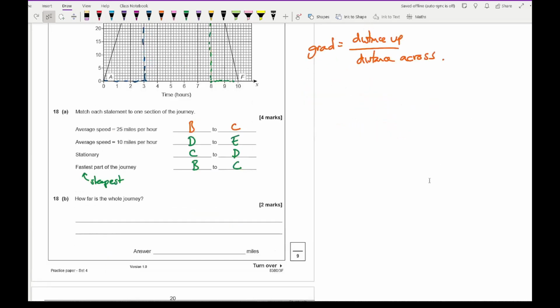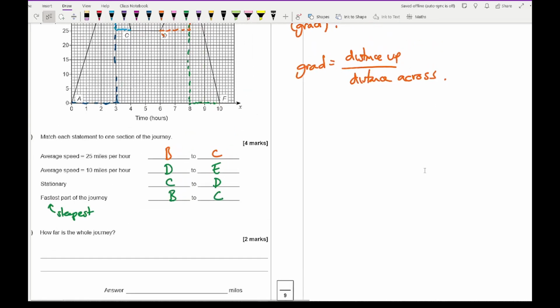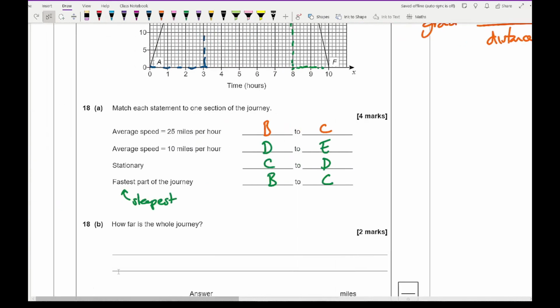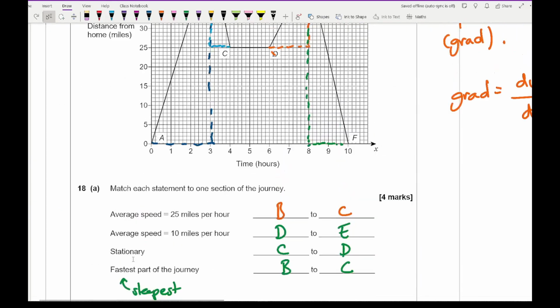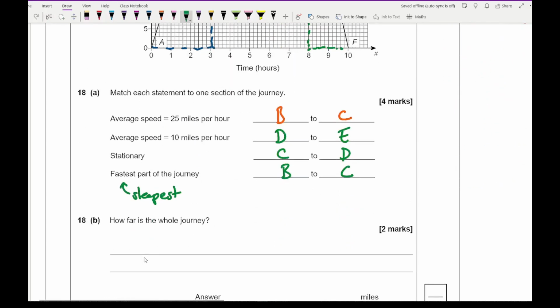Then it says how far is the total journey? For this, we need to work out the distance of each of the 5 steps. Here from A to B, it's 50. B to C, it's 25. Then C to D is flat, so we've travelled none.